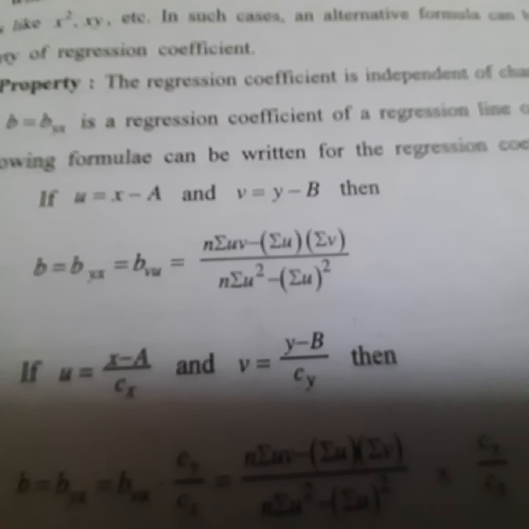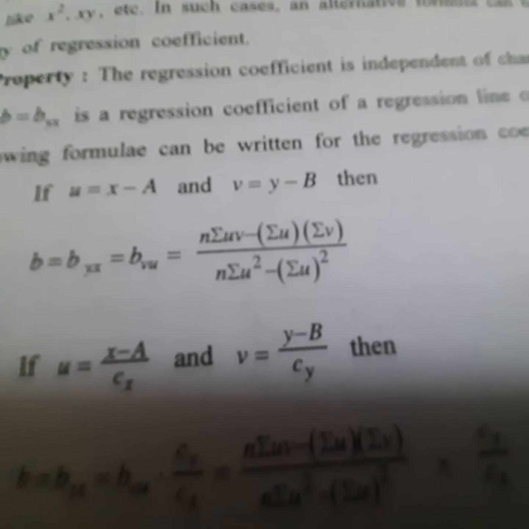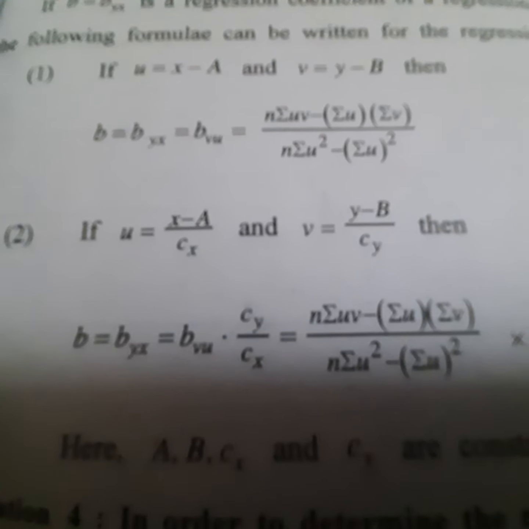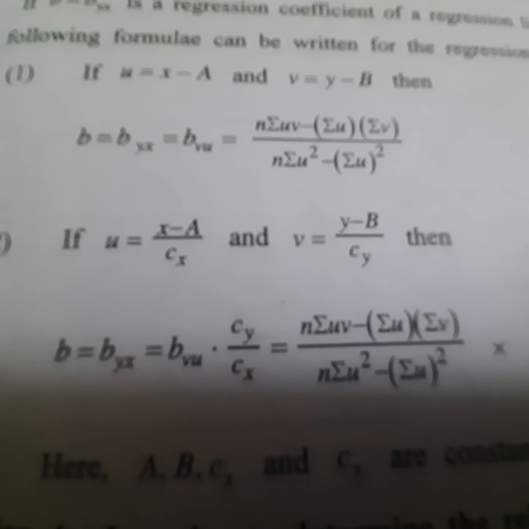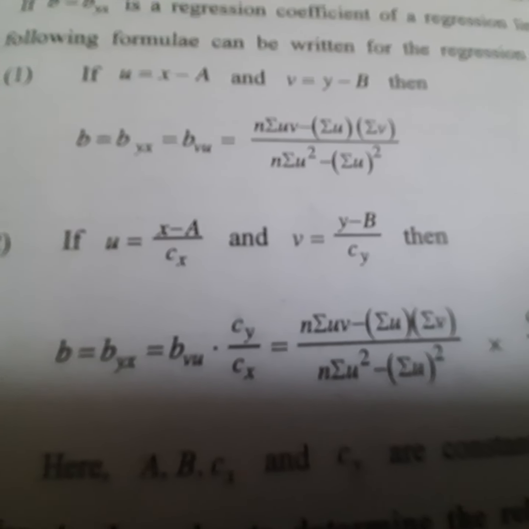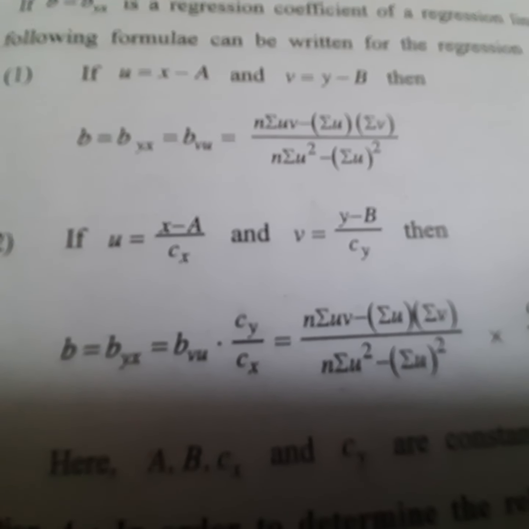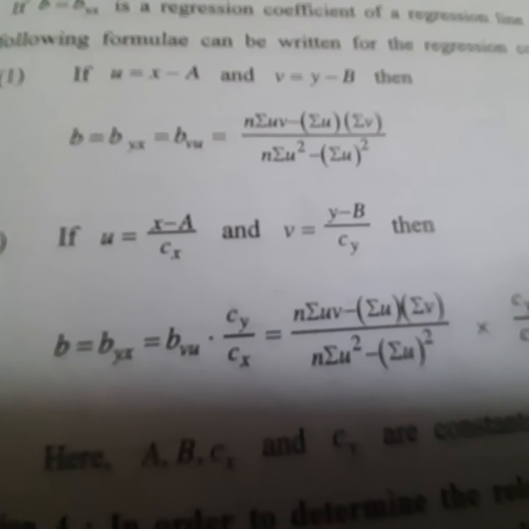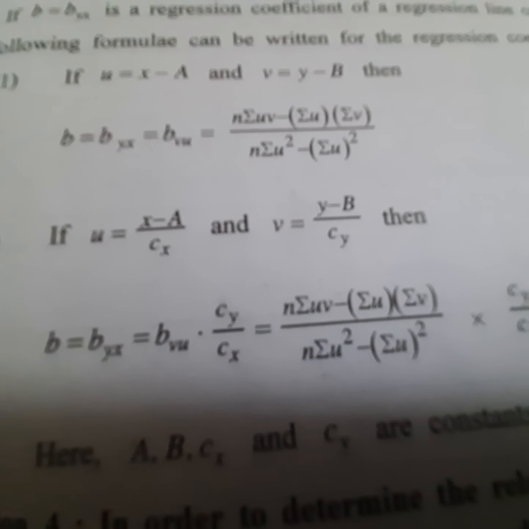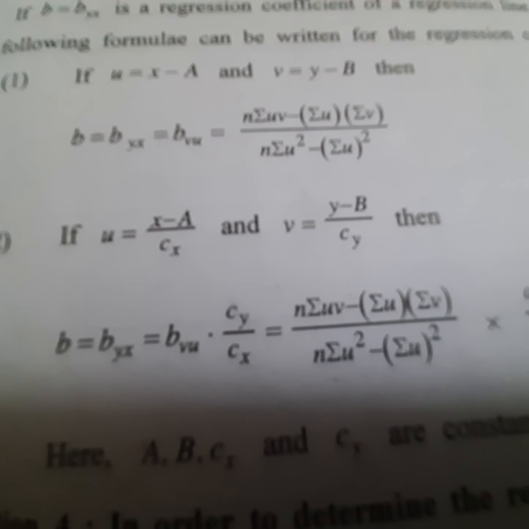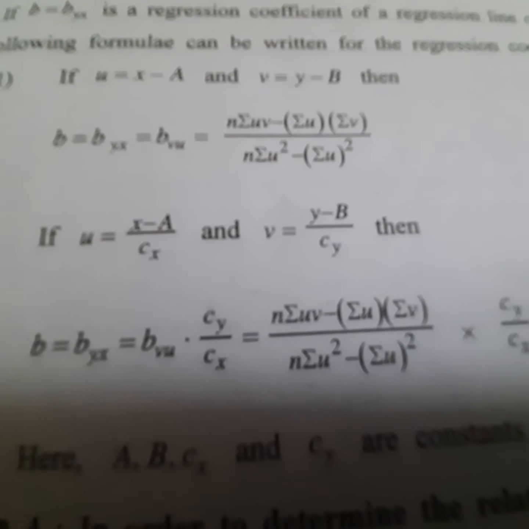Now if you want to change the scale by division or multiplication, then u is equal to x minus a upon cx. a is the assumed value and cx is the value with which it is divided. To simplify the calculation, this method is used. u is equal to x minus a upon cx, and v is equal to y minus b upon cy.